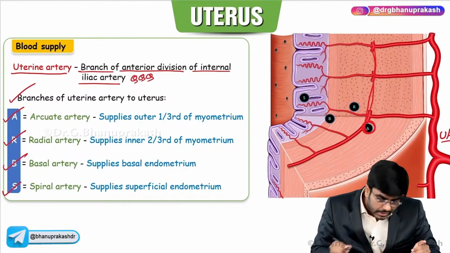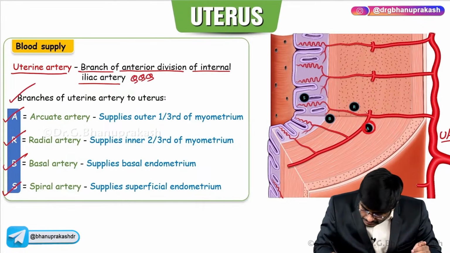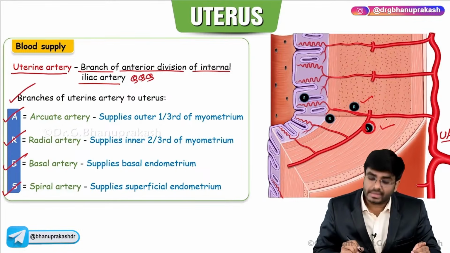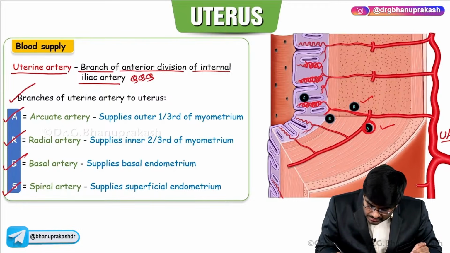After the arcuate artery, there are the radial arteries, straight branches. Arcuate, radial, and basal arteries. See this basal, the small branches, these are the basal arteries. And you can see these arteries which are spiraling around, these are the spiral arteries.